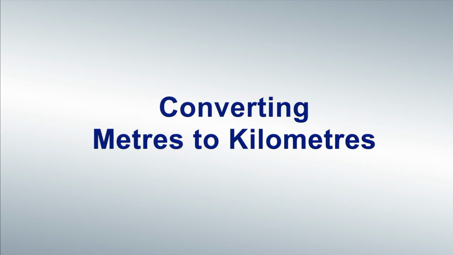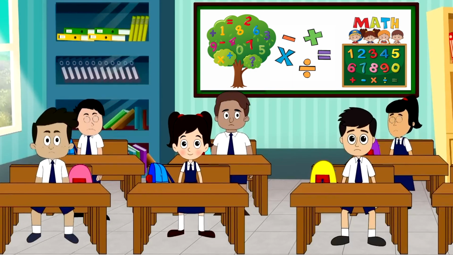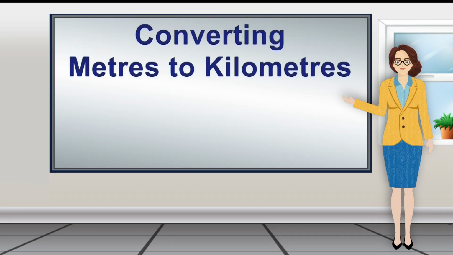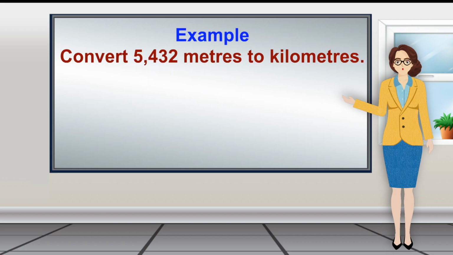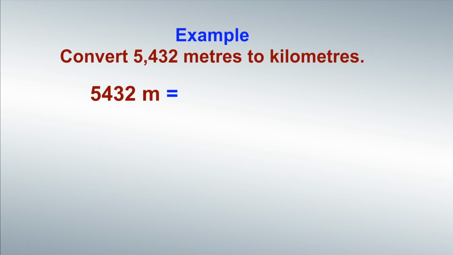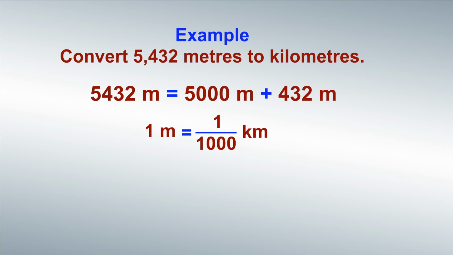Converting meters to kilometers. Let's learn how to convert meters to kilometers from an example. Convert 5432 meters to kilometers. 5432 meters is equal to 5000 meters plus 432 meters. As we know, 1 meter is equal to 1 by 1000 kilometers.